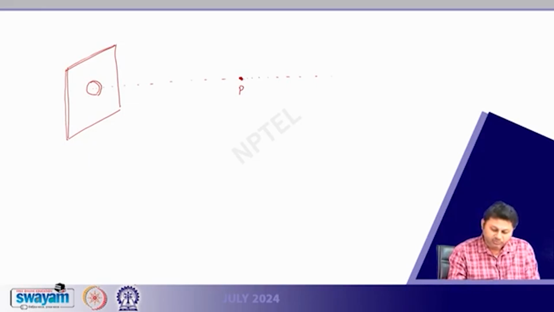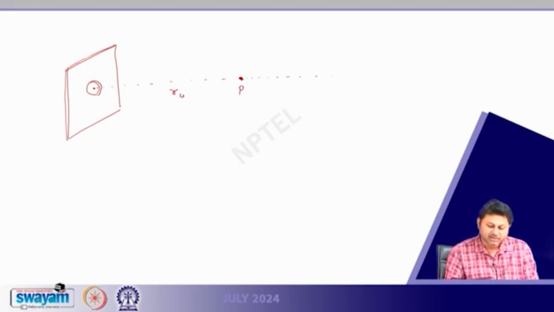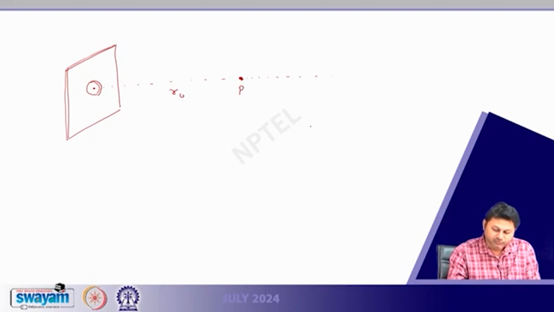So, what we are doing when we are changing this point P, the distance r naught, if you remember with this notation r naught, then the area of these zones depended on r naught. And what happened is that if I move towards this aperture or move away from this aperture, these zones are going to change, and because of that we are going to get a bright maxima, a minima, a maxima, minima, this kind of result for different points.